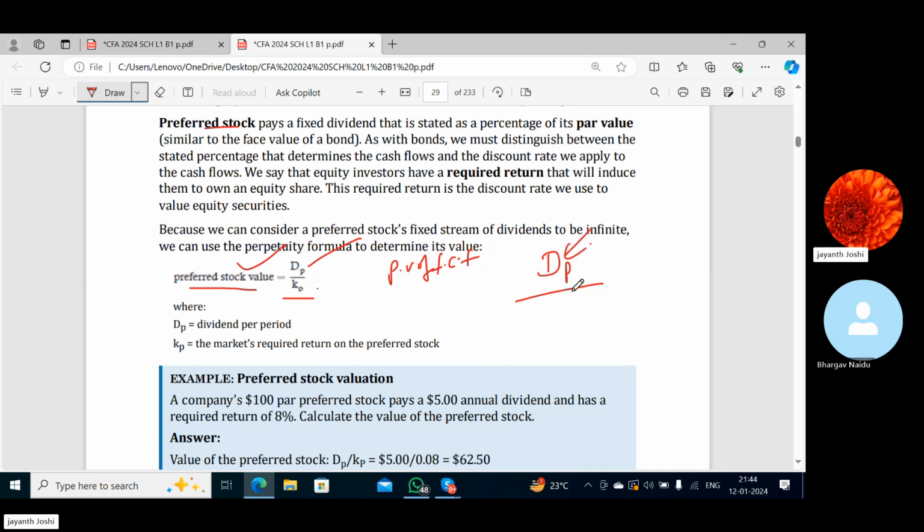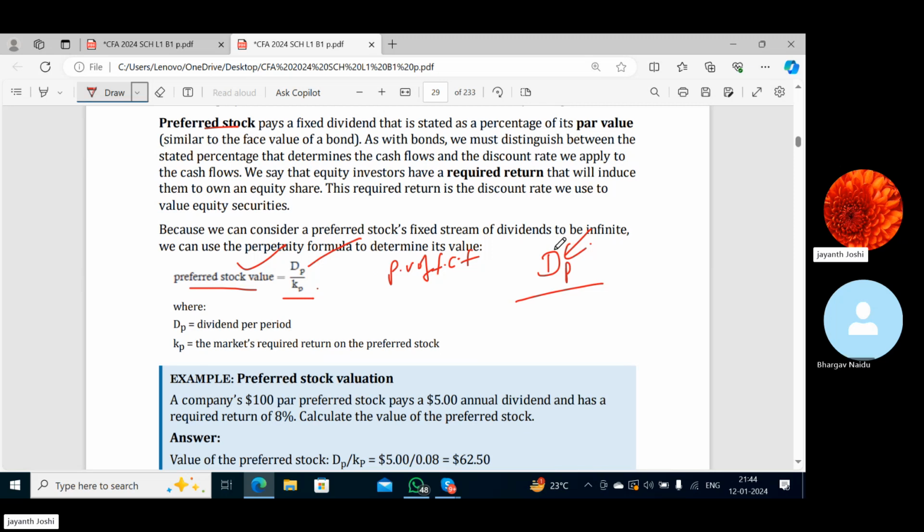And the discount factor you are using to discount these future cash flows of dividend payments is the cost of preferred stock. There can be different types of costs.